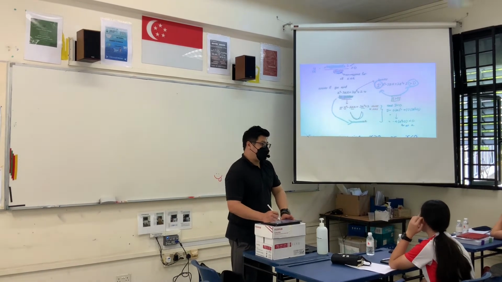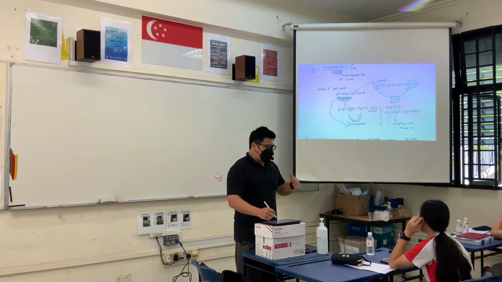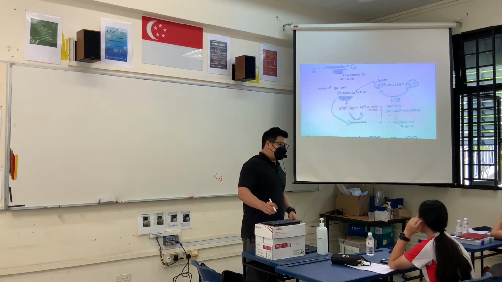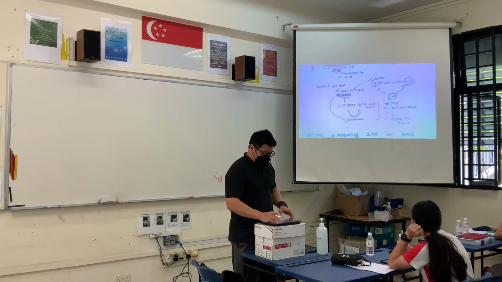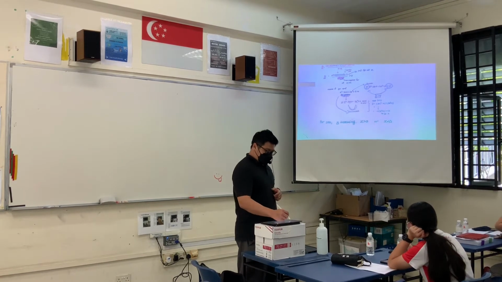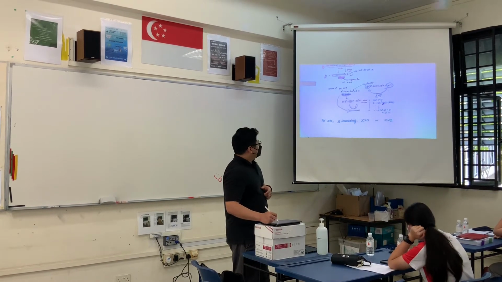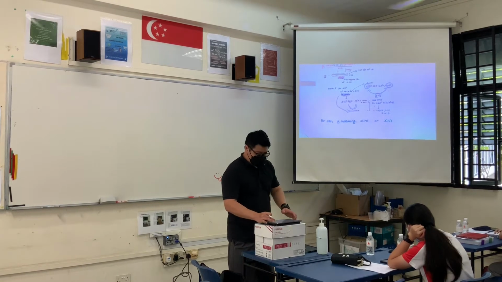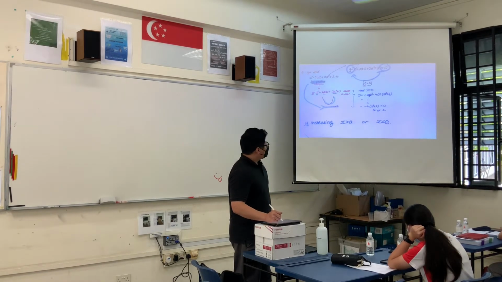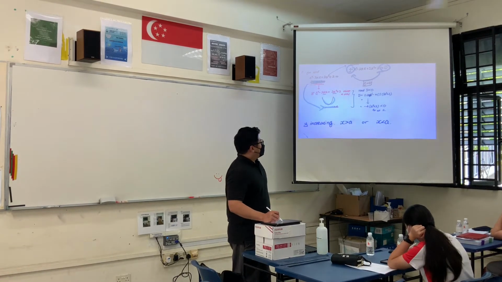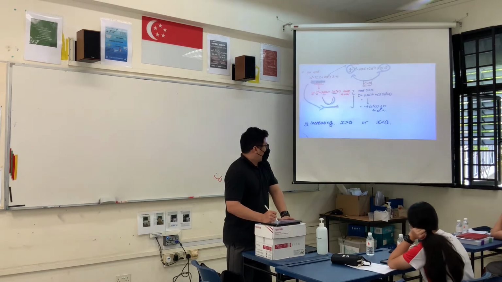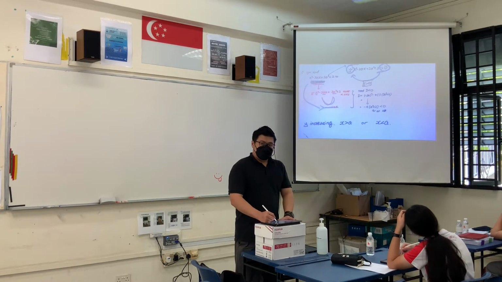Okay? So the discriminant is less than 0. If you calculate, you'll find that the discriminant is negative 4a squared minus 8.